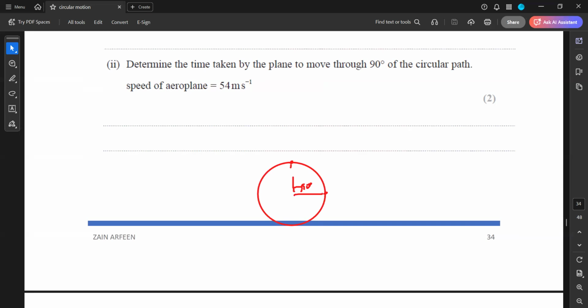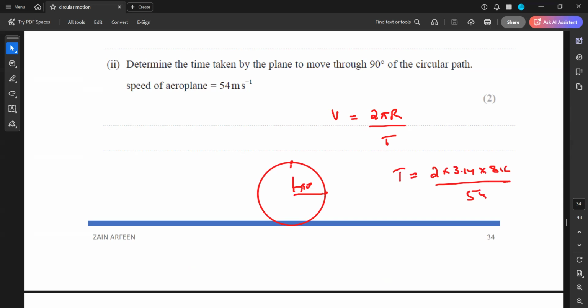We can use the formula speed is distance divided by time. The distance will be 2 pi r, the circumference, divided by time. So first we find the time period: 2 multiplied by 3.14 multiplied by the radius, which we calculated as 816, divided by speed 54.